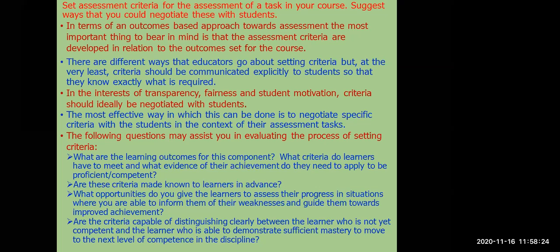What opportunity do you give learners to assess their progress, in situations where you are able to inform them of their weaknesses and guide them towards improved achievement? That means you have tested the students against a particular criteria, and the student has not come to that level. What is it you are doing?